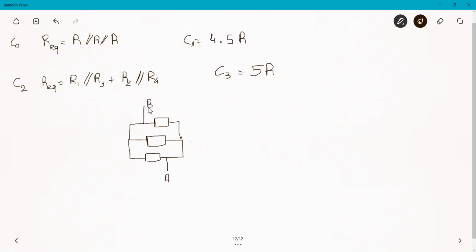So this is just a redrawing of the first circuit. Just put the resistor maybe in another orientation that may help you see what's going on.